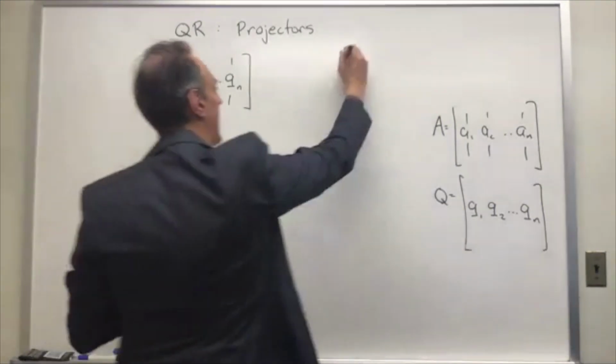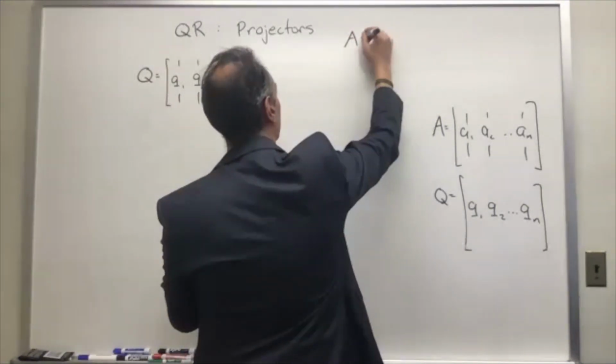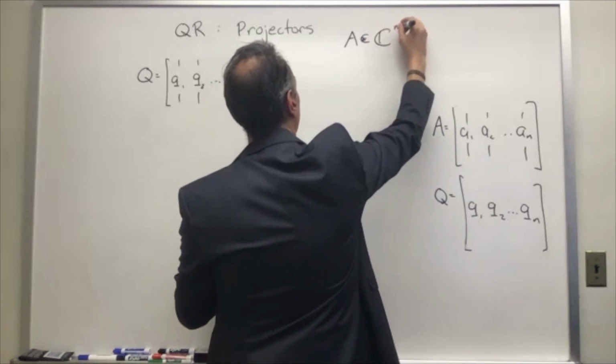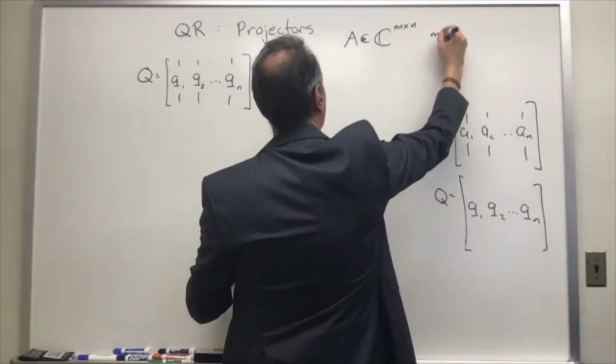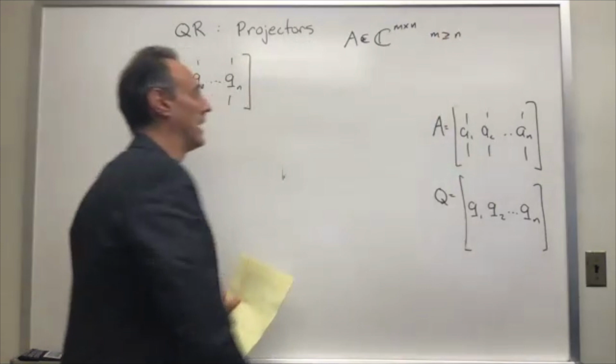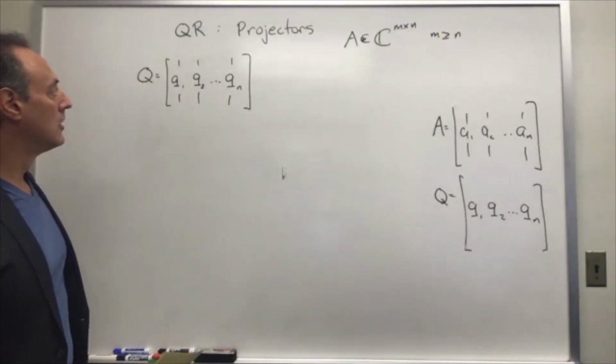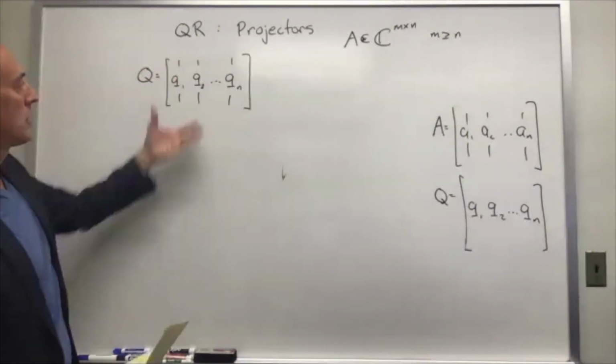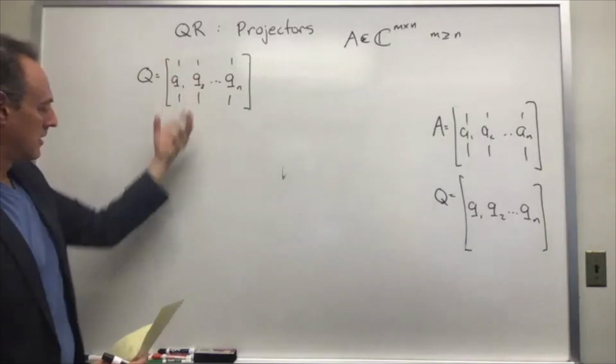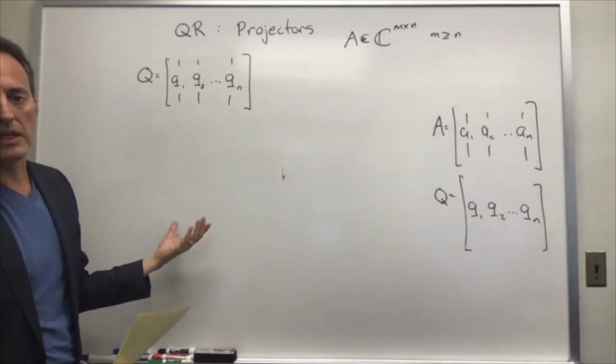Remember, the matrix A itself that I got this from was m by n, where m was bigger than or equal to n. So typically this matrix is tall and skinny.